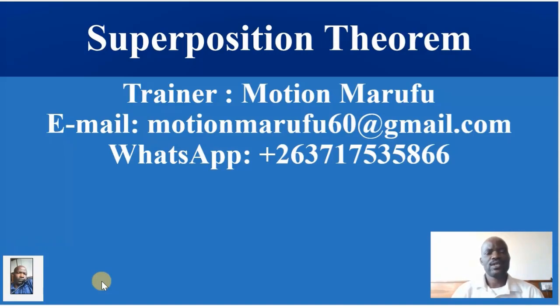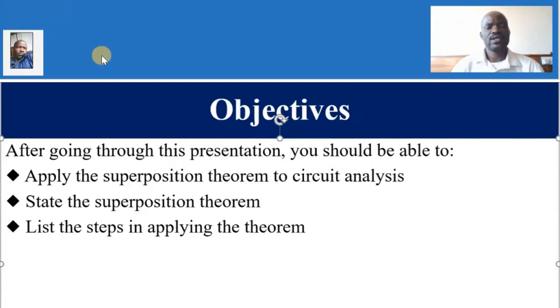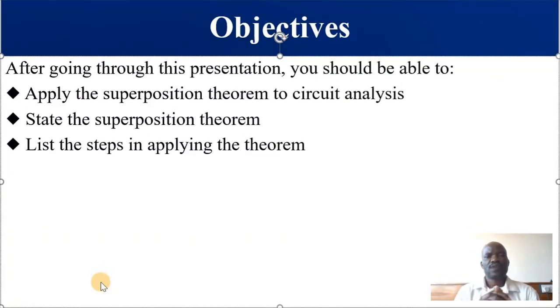Let us enjoy it. After going through this presentation, you should be able to do just 3 objectives. This video is going to be one of our shortest videos in EET, with just 14 slides. The first objective, you must be able to apply superposition theorem to circuit analysis, which means that you must be able to find current and voltage using superposition theorem.